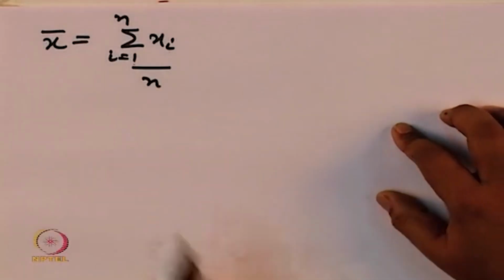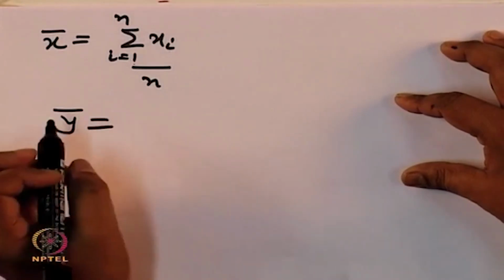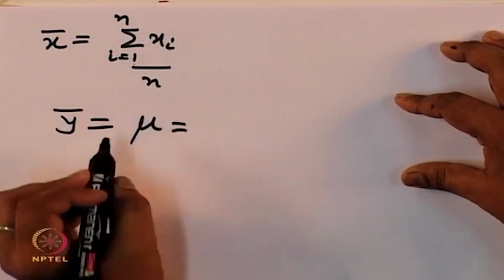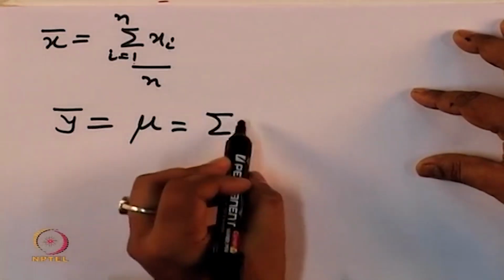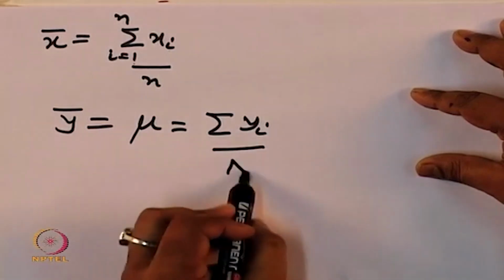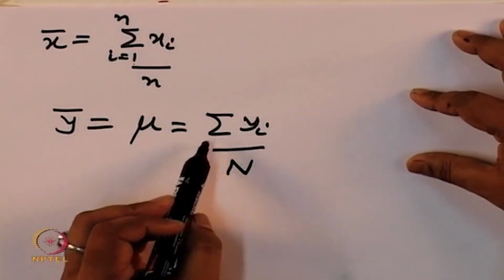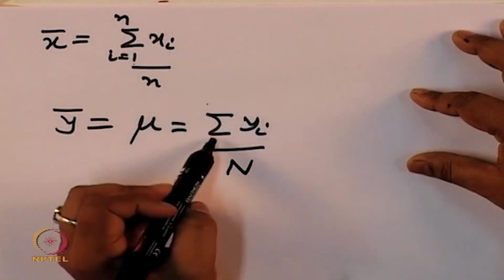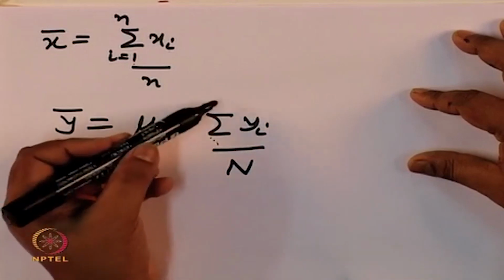So, this is your definition of sample mean. Similarly, I can define my population mean. It is typically denoted by mu, the term used for the population mean. It is similarly the sum of yi divided by capital N. Many times you will see we just put the summation sign without writing the limits, but it is understood that when we do not put the limits, it is from the first value to the last value.